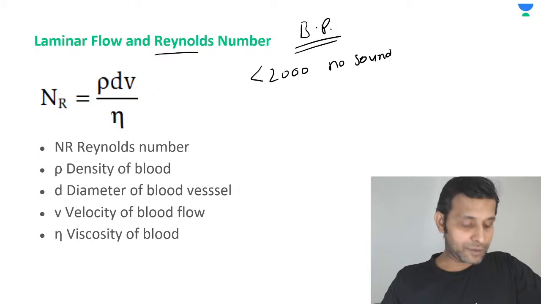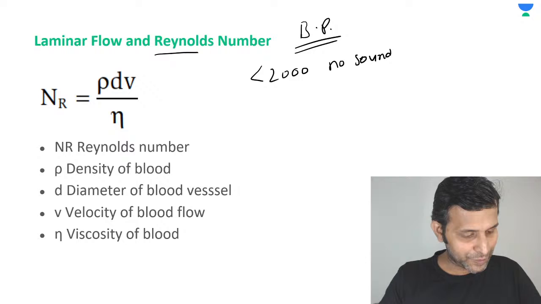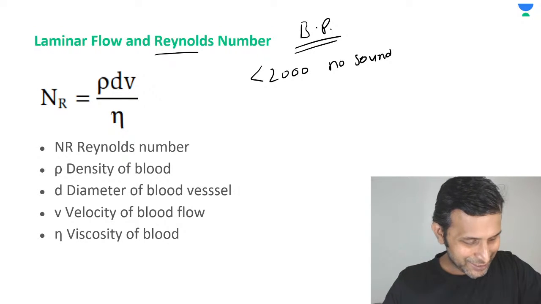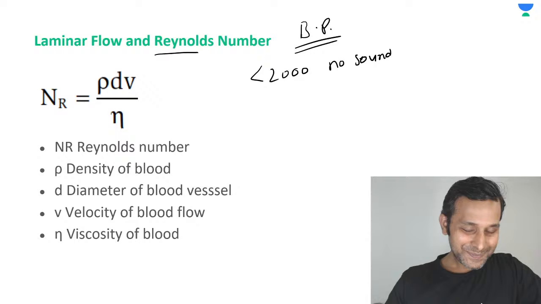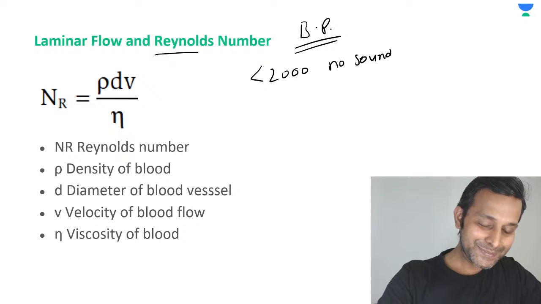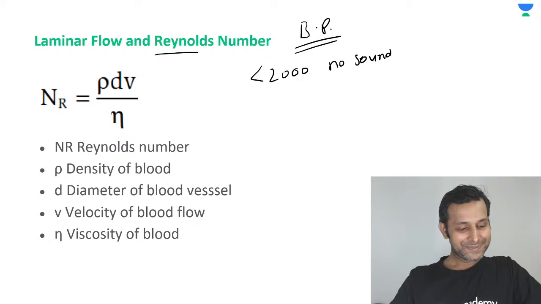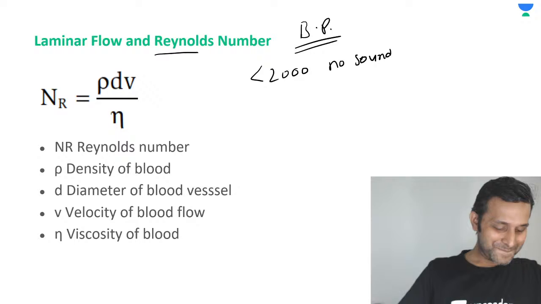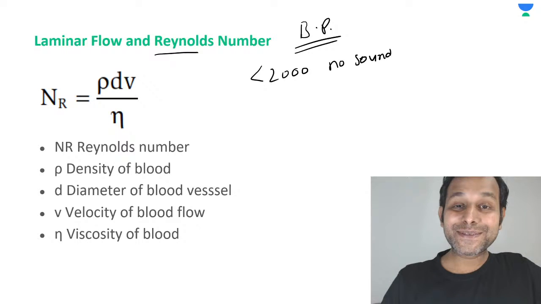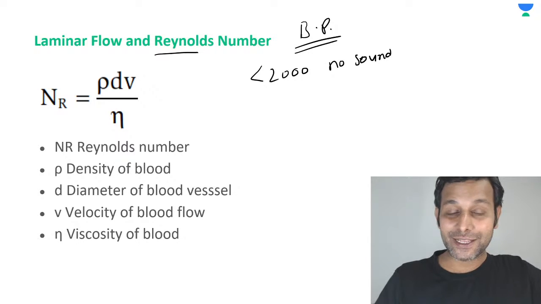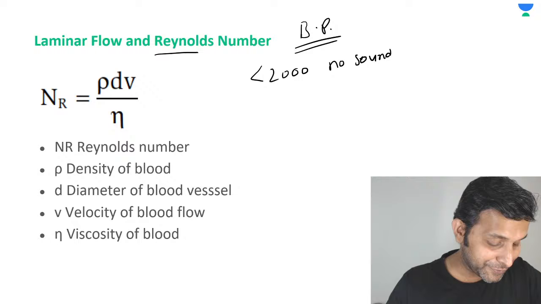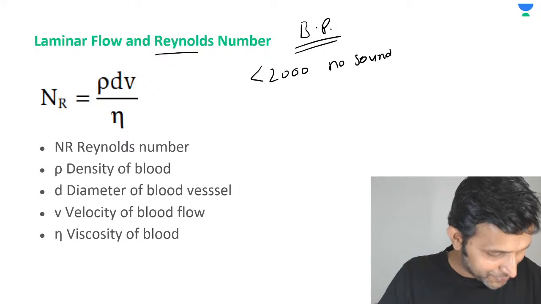I hope I am audible and visible to everyone here, because I am unable to see any reply from the chat box. Are you all online, dear students? Yes. Are you online? I am unable to see any activity on the chat box because it's a live interactive session, so I want you all to interact with me. Oh great, Dr. Rakesh Yadav. Nice.